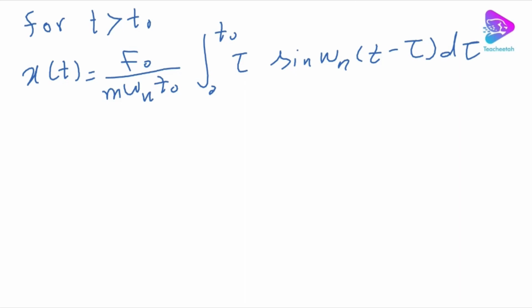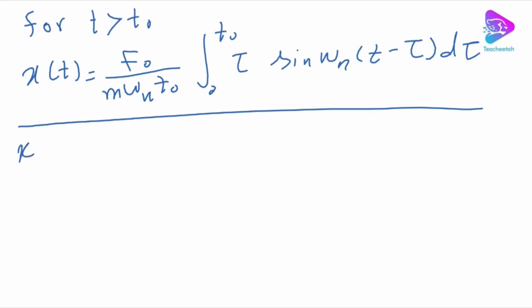Again, you can find the integral, it's pretty simple. You can use u equal to t minus tau, find du, and then apply integration by parts. We did similar things before and I don't want to spend time on it, so I just write down the final answer for the integral when we apply the upper bound and lower bound, 0 and t naught.